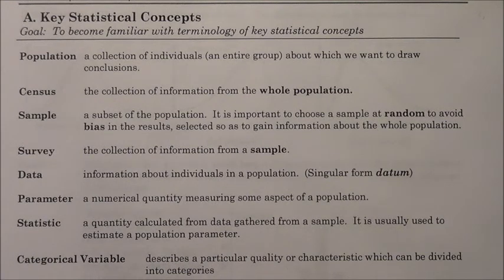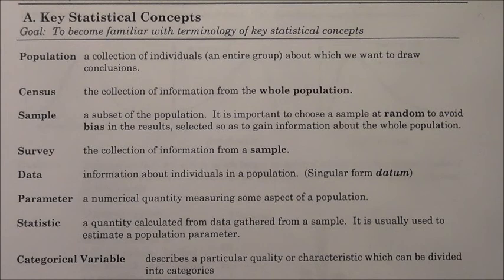Now, a lot of times it's not realistic to do a complete census because whether you have a shortage of time or resources or funding or whatever it may be, a lot of times it's more practical to do a sample. And a sample is a subset of the whole population.